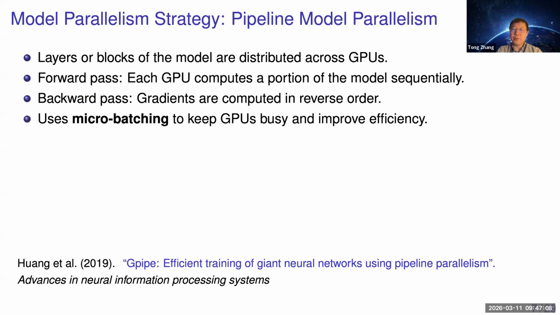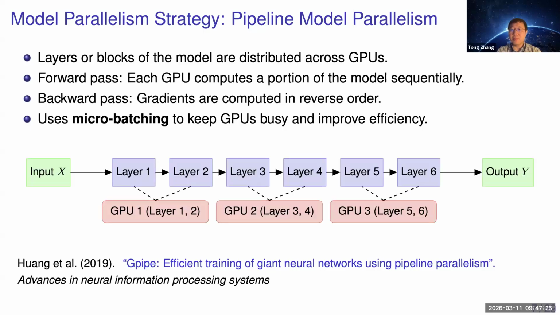Basically, you try to feed the GPUs such that each GPU does only one job, right? Then you have a pipeline. So when you have a pipeline, you have to make sure they are synchronized and so on. So there's a delay. But nevertheless, assuming the delay is low, essentially you are doing this. This is one example: these two layers correspond to this GPU, these two layers correspond to another GPU, and so on.